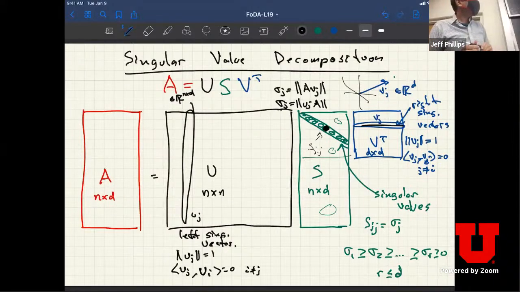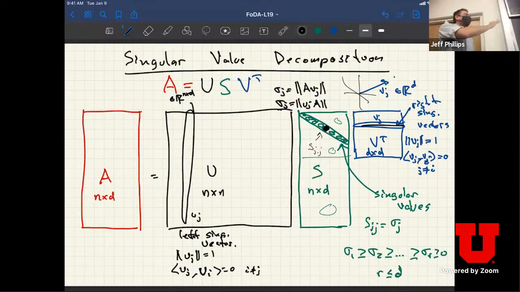So that scale is capturing something about the scale of A here, the size of A. If I multiply by a direction, how much scale am I getting out? So this tells me something about the decomposition, but you don't have a lot of intuition yet of why this is interesting or important.